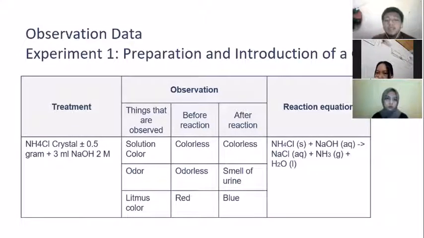For the odor, before reaction is odorless, but after reaction the odor smells like urine. Litmus color before reaction is red and after reaction is blue. Reaction equation in this experiment is ammonium chloride solid plus natrium hydroxide aqueous produce natrium chloride aqueous and ammonia gas plus water in liquid.